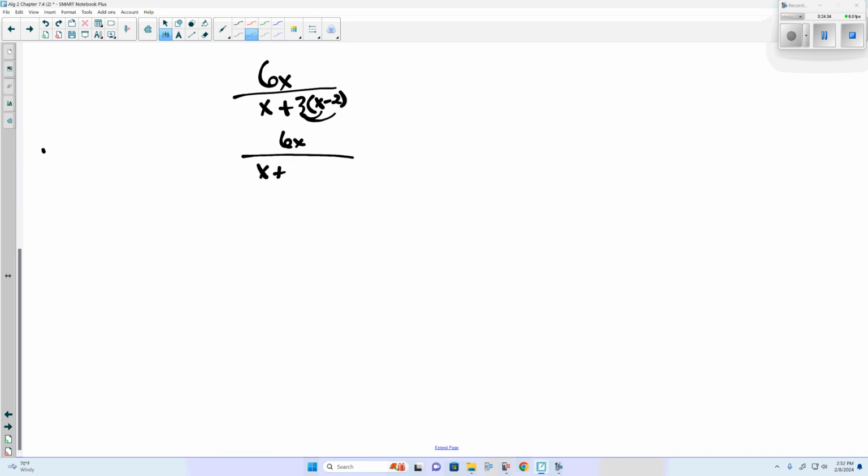Now we need to distribute the 3. 3 times x is 3x, and 3 times 2 is negative 6. x plus 3x is 4x minus 6. Questions on this so far?